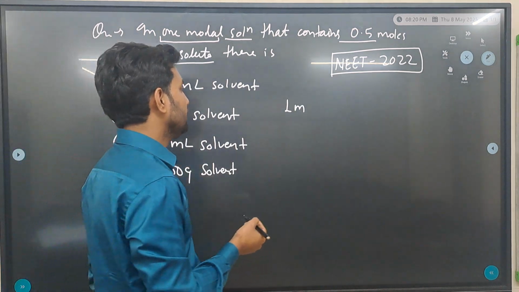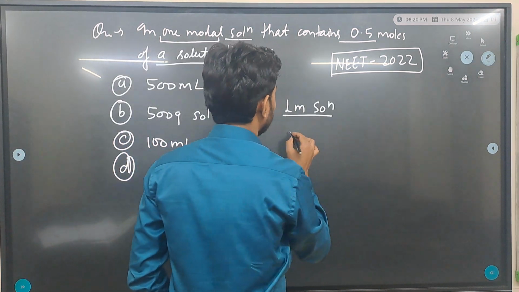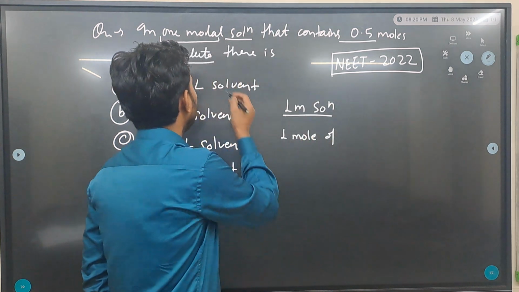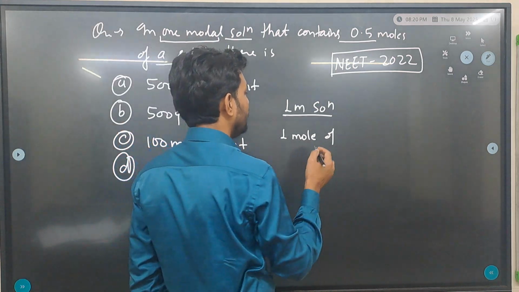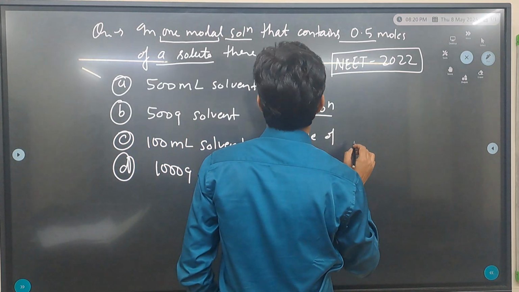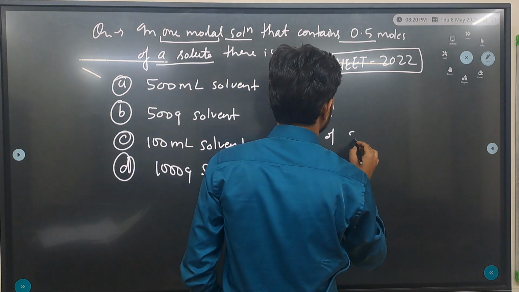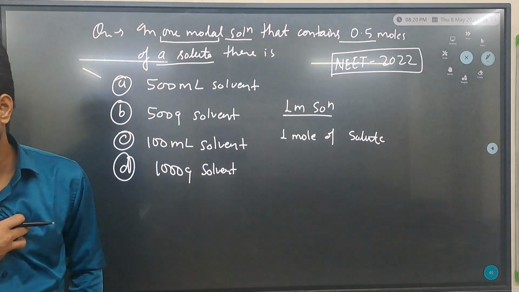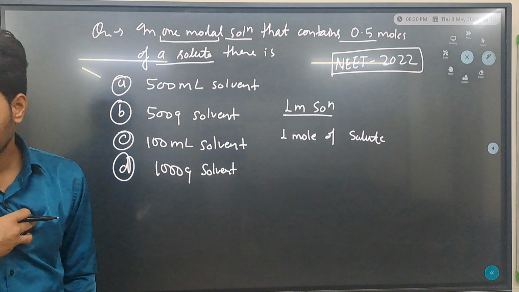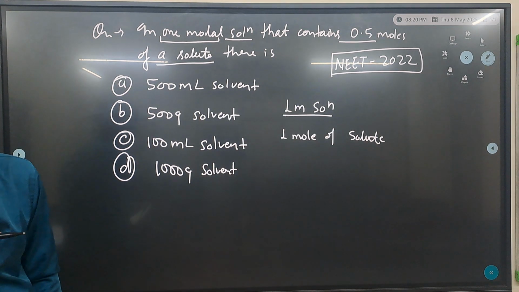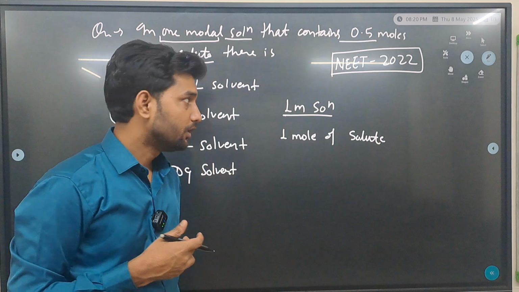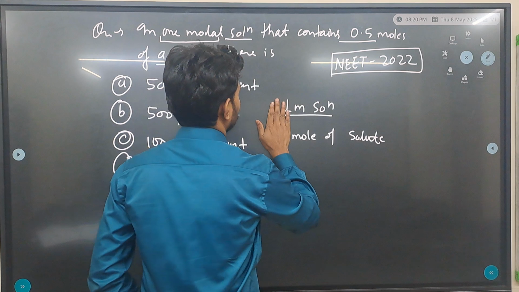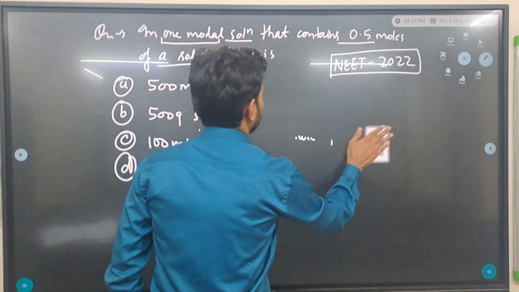Okay, so 1 molal solution means 1 mole of solute dissolved in 1 kg of solvent.